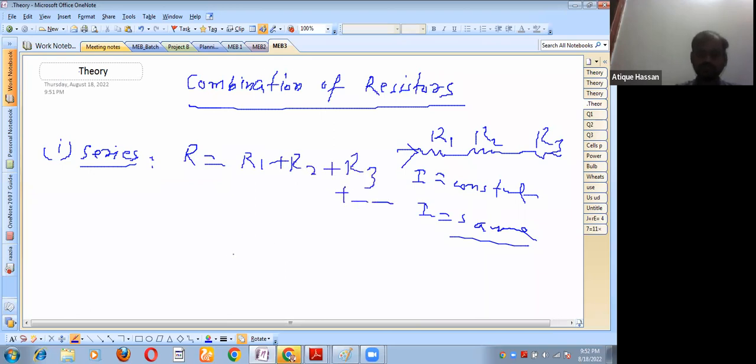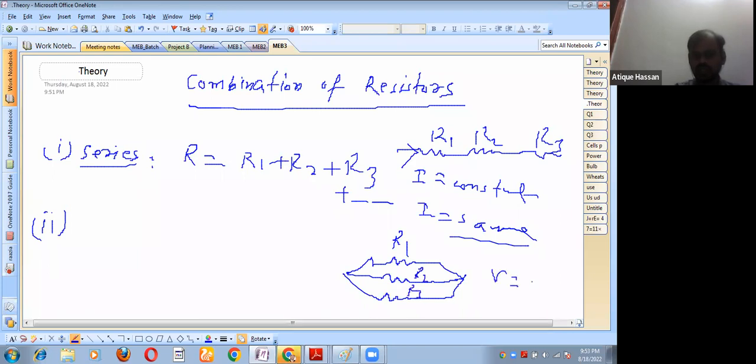The second combination is parallel combination. In parallel combination, what will remain the same? Potential will remain the same. If three resistors R1, R2 and R3 are in parallel, the current will be different, and 1 by R equals 1 by R1 plus 1 by R2 plus 1 by R3.